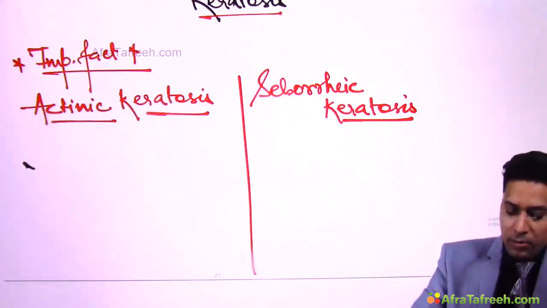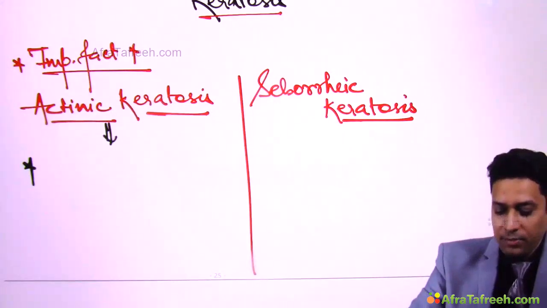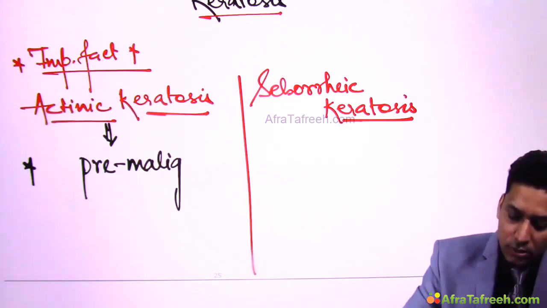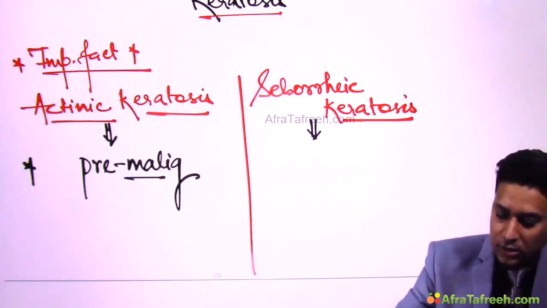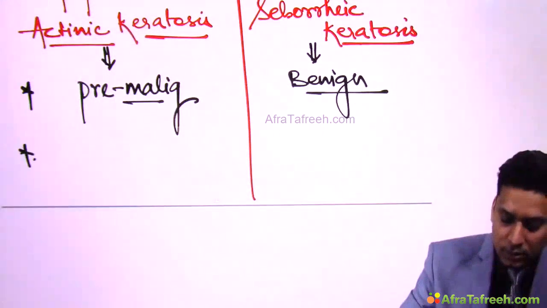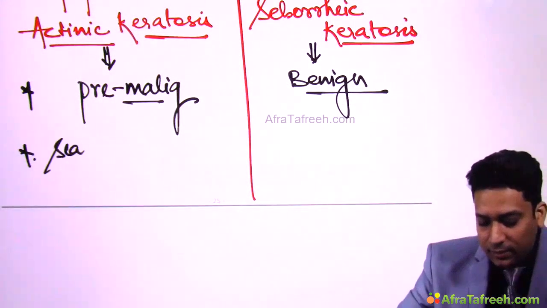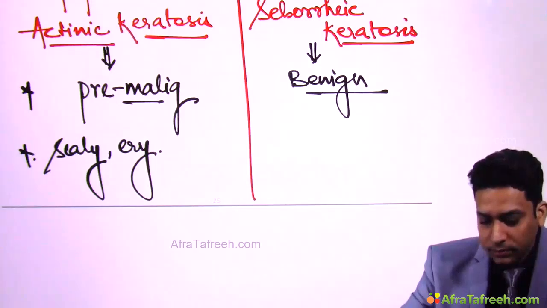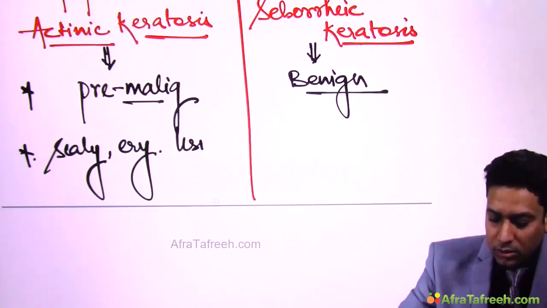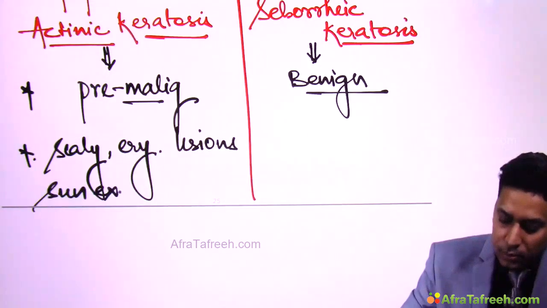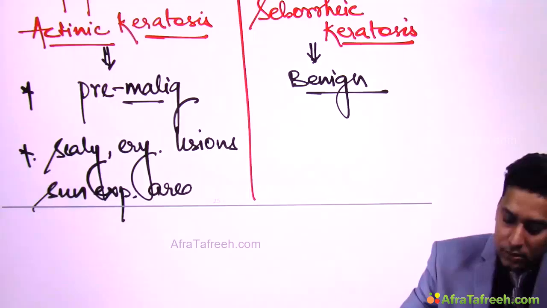Now the points to remember here is that actinic keratosis is a pre-malignant condition. This is a pre-malignant condition, while this is a benign condition. This presents with scaly, erythematous lesions over sun-exposed areas.